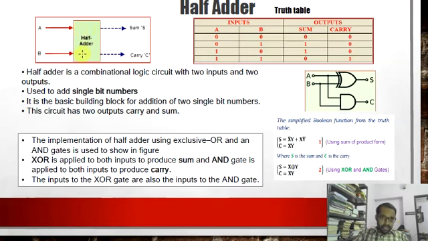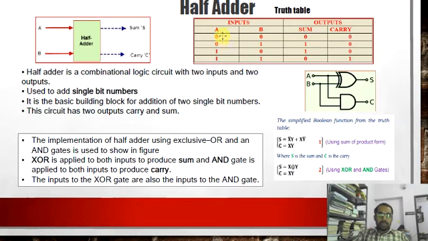Here you see in this particular figure, the block diagram, there are two inputs A and B, and you get the sum and carry outputs. You basically want to see what is inside this box, what forms the sum and carry. For that, you see this truth table where we have two inputs A and B, and you are adding two single bit numbers.